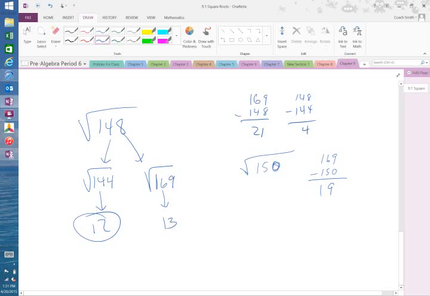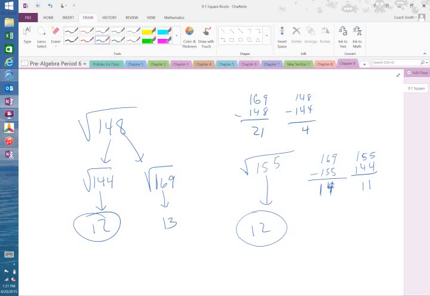I wanted to go 155. If we take 155 and subtract 144 from it, that gives me 11. So the square root of 155 is still closer to 12 than it is 13, because 155 is closer to 144 than it is 169.